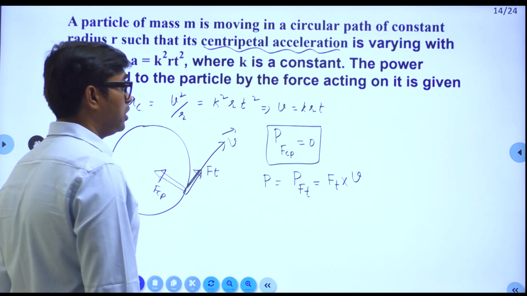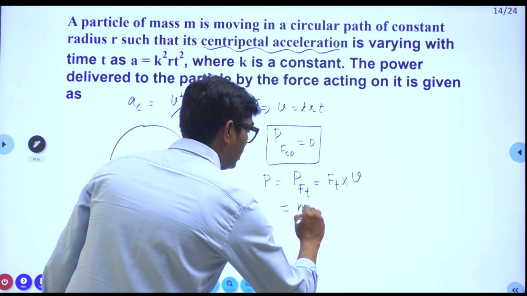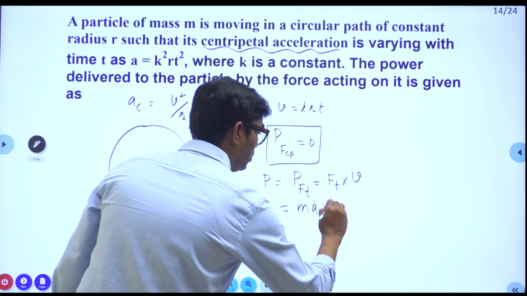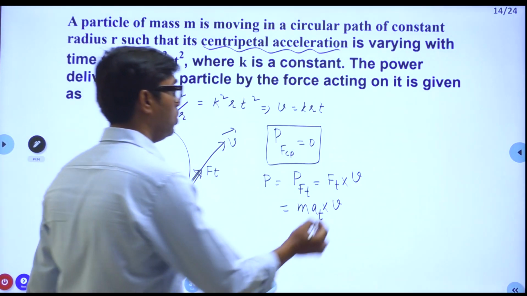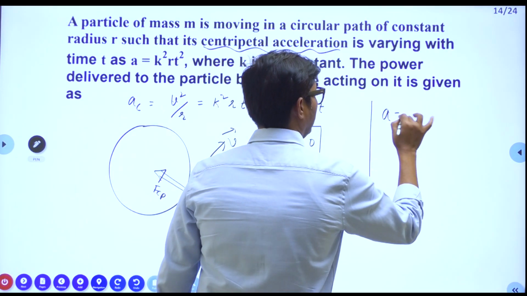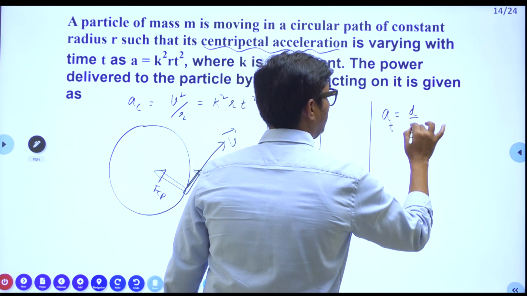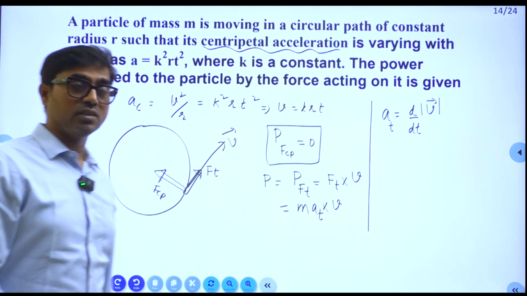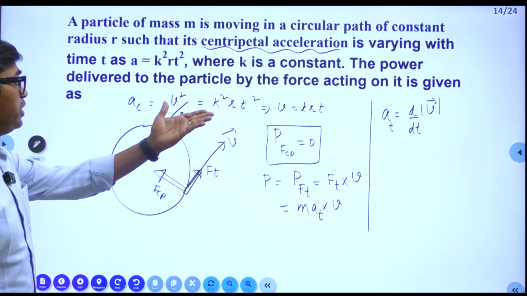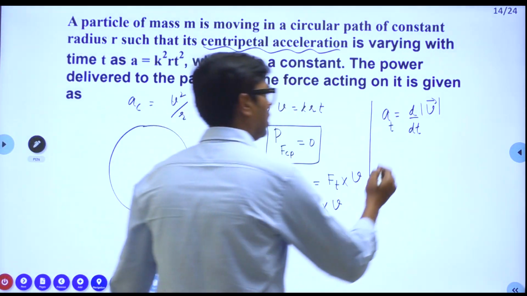But why do we need to know the tangential force then? Tangential force is mass into tangential acceleration, and then into velocity. But tangential acceleration I need to know. You should know that tangential acceleration is basically the rate of change of speed, not the rate of change of velocity. Rate of change of velocity is total acceleration. Speed we got: ktr.